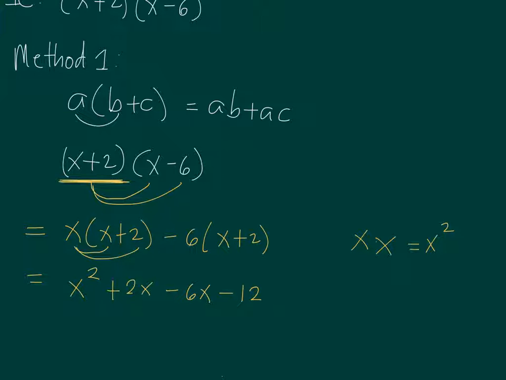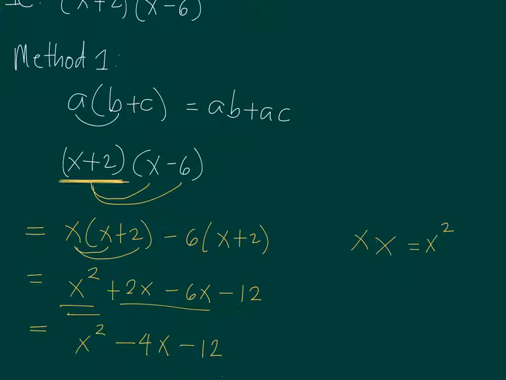Then combine any similar terms. x squared stays as x squared, while 2x minus 6x is negative 4x, and then minus 12. So that's the expanded form of (x + 2)(x - 6) using the distributive law, which is method 1.